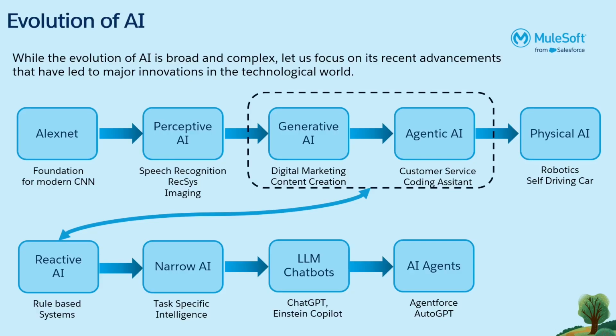And what is an AI agent? Basically, it is AI which can perceive its environment, reason about it, and take actions to achieve specific goals. And this is where MCP comes into the picture.